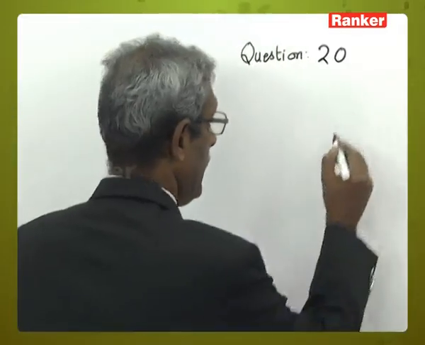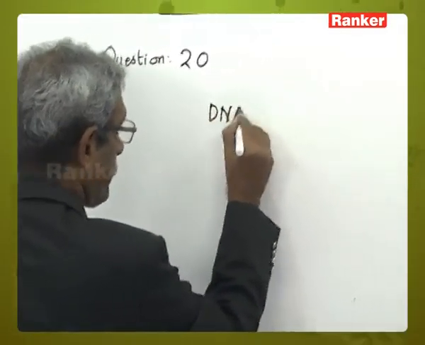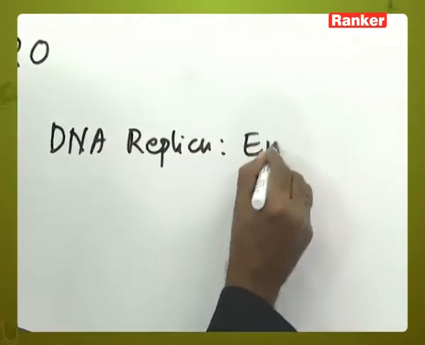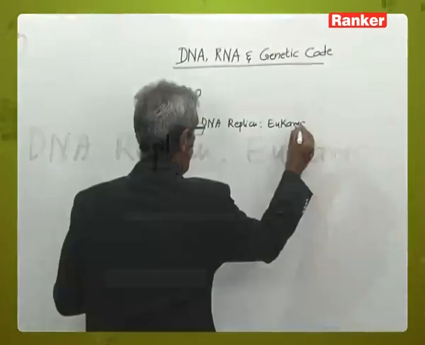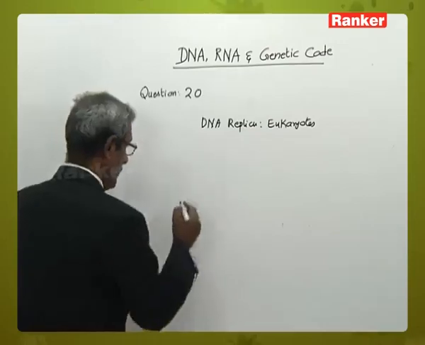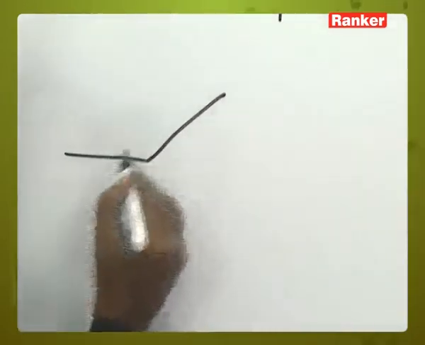Now, when you take DNA replication in eukaryotes, initially there is a formation of a replication fork.